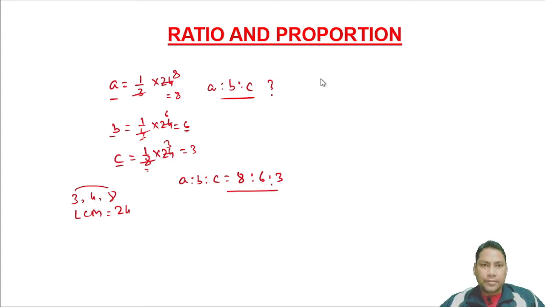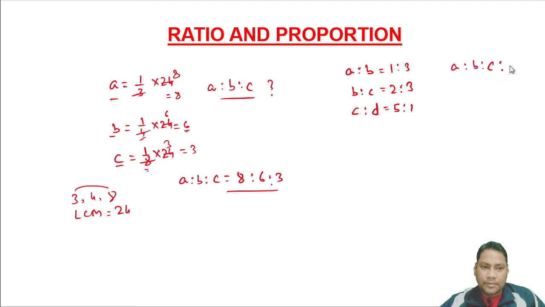Now to take out the value of 4 combinations if they are given in different sections. Likewise, a is to b is given 1 is to 3, b is to c is given 2 is to 3 and c is to d is given 5 is to 1. Then take out the value of a is to b is to c is to d.